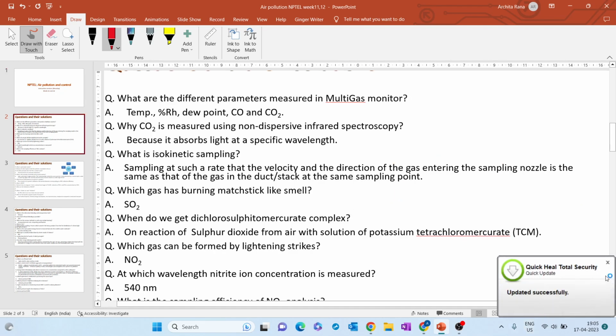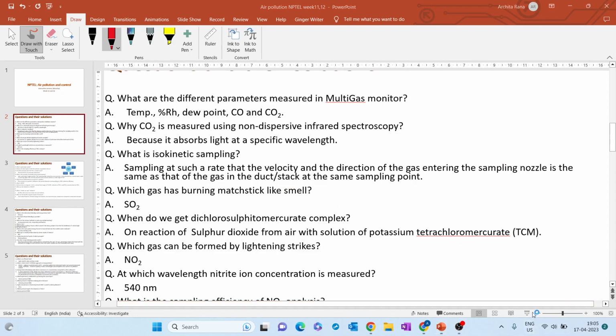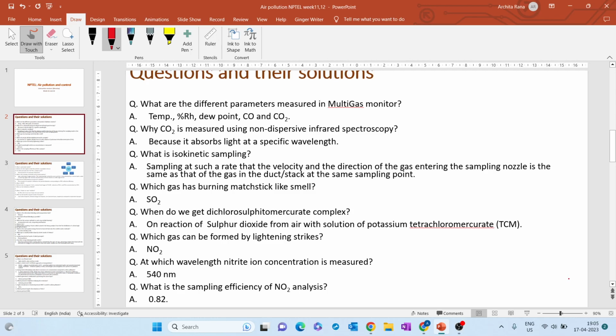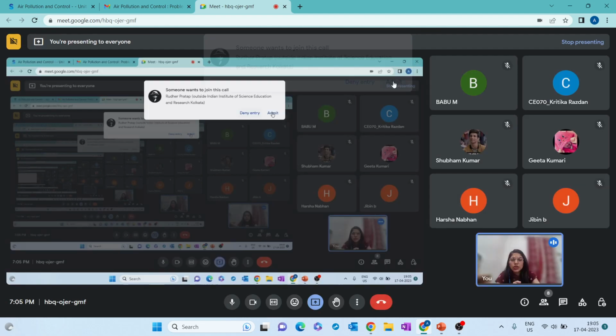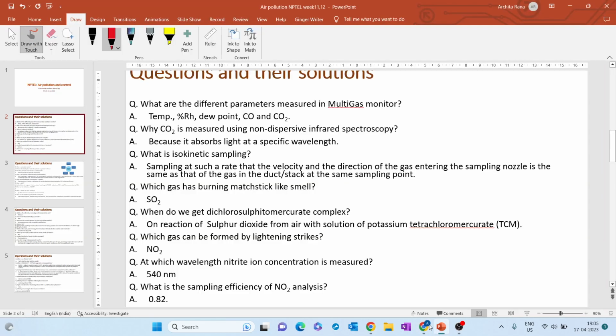So there is a discussion in week 12 about the multi-gas monitor, which is nothing but a device generally used in laboratories to measure gas.